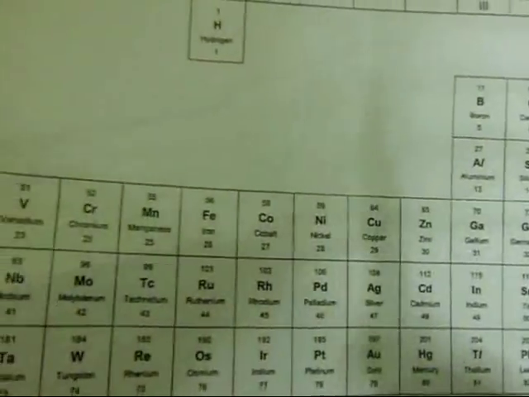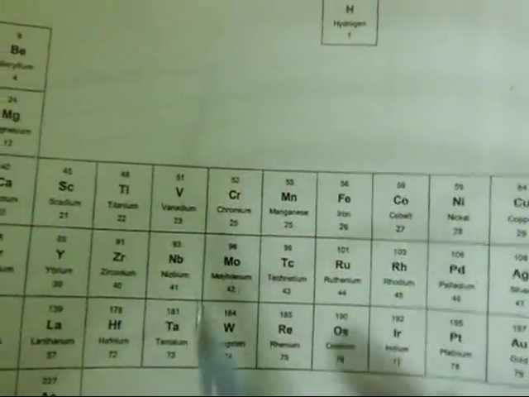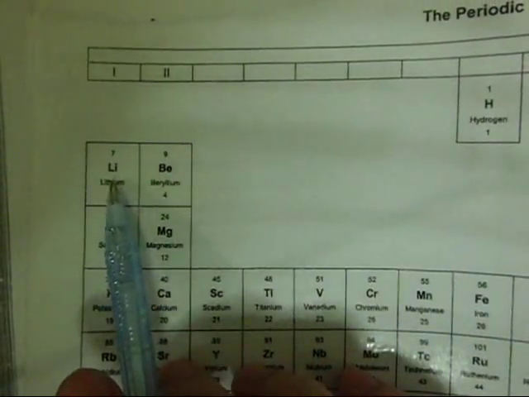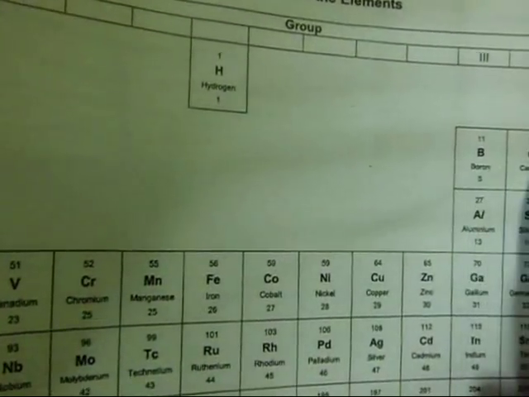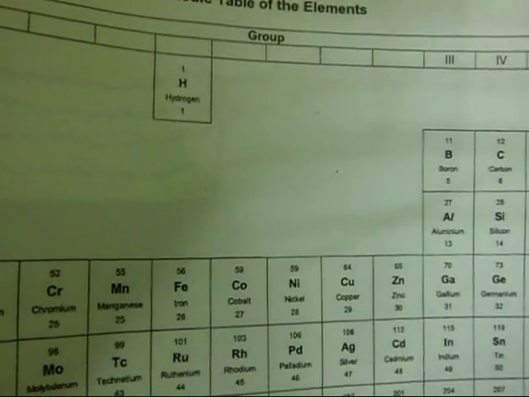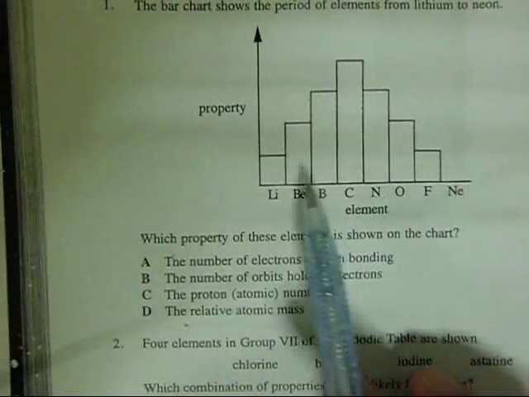So if we look across the periodic table, the value for this property would be 1, 2, 3, 4, and then after that 3, 2, 1, 0. So this is very similar to the values shown in this chart.